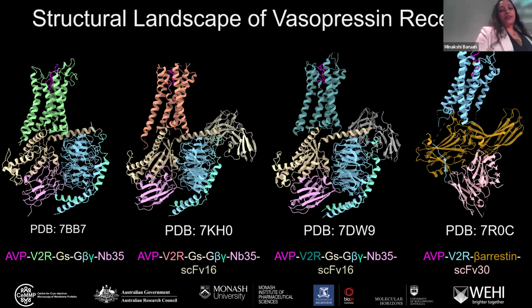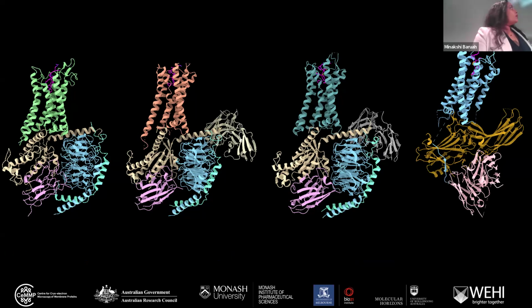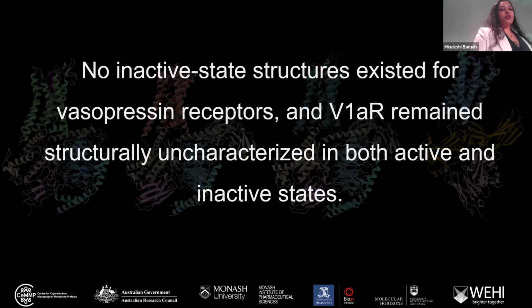At that time, no structures existed for V1AR, no structural information was there, neither active nor inactive, which posed a big knowledge gap in understanding how ligands modulate these receptors' activation and inhibition.